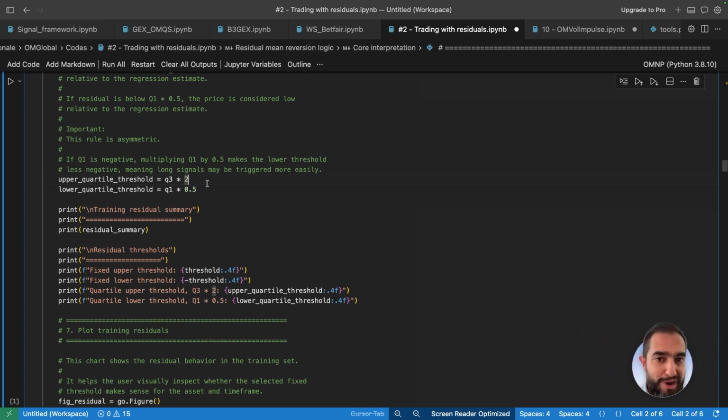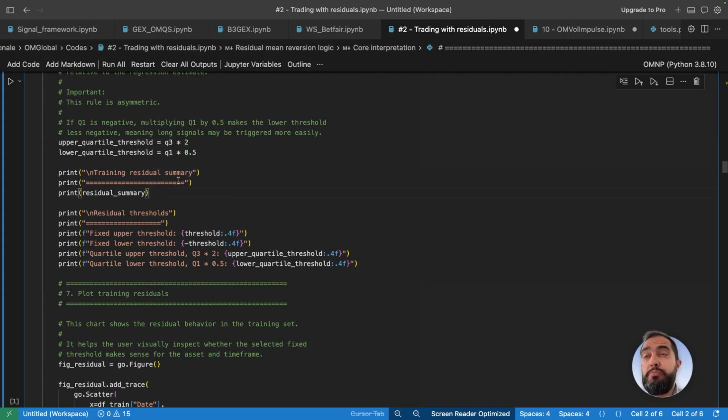I don't trust optimization entirely because we may have overfitting. I prefer to do a little bit more of a rudimentary way and then fine tune, and I strongly advise you to do the same.